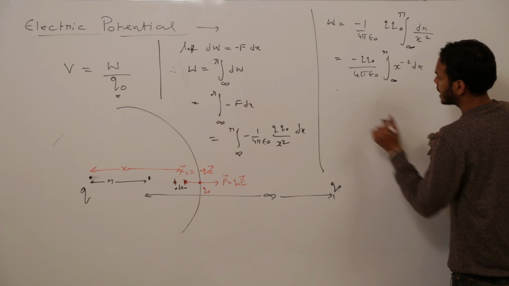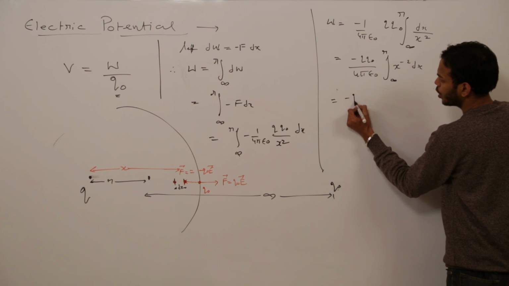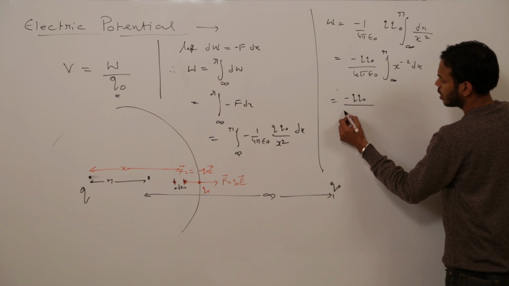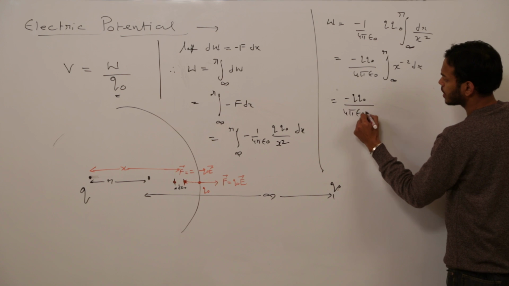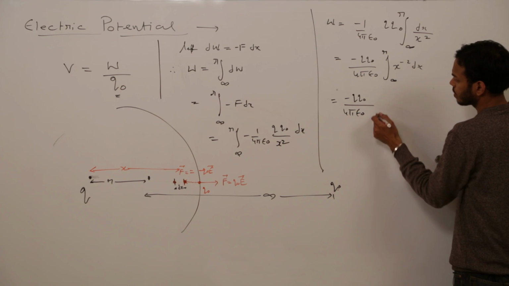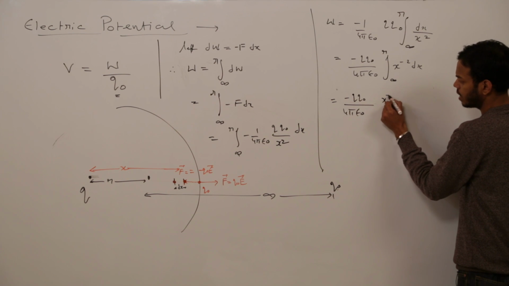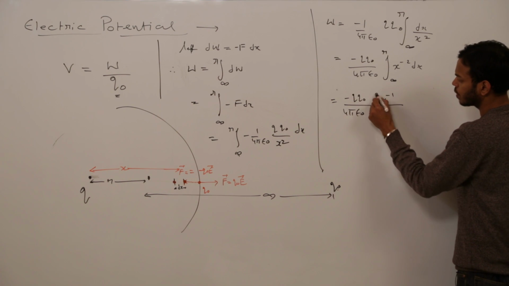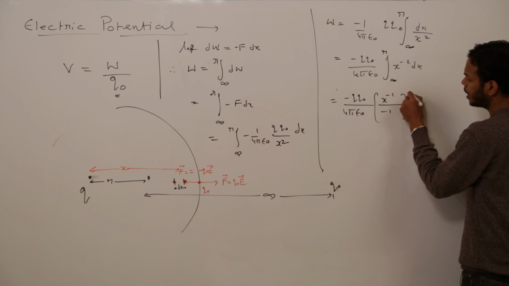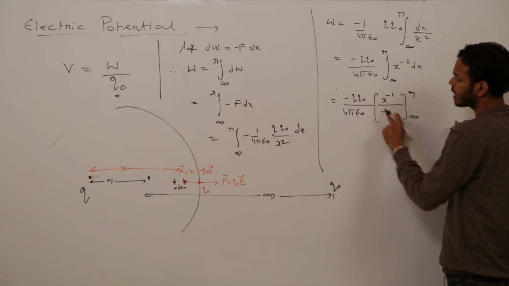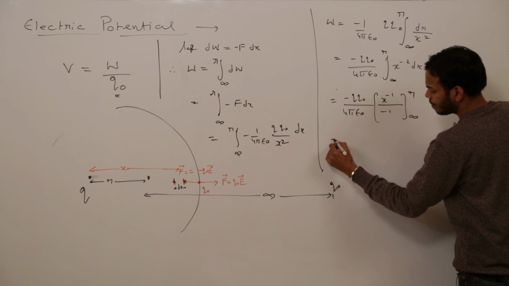So we will rewrite. The next step would be Q naught upon 4 pi epsilon naught, x raised to power minus 2 plus 1, that is minus 1, upon minus 1, from infinity to R. This negative sign and this negative sign cancel out.